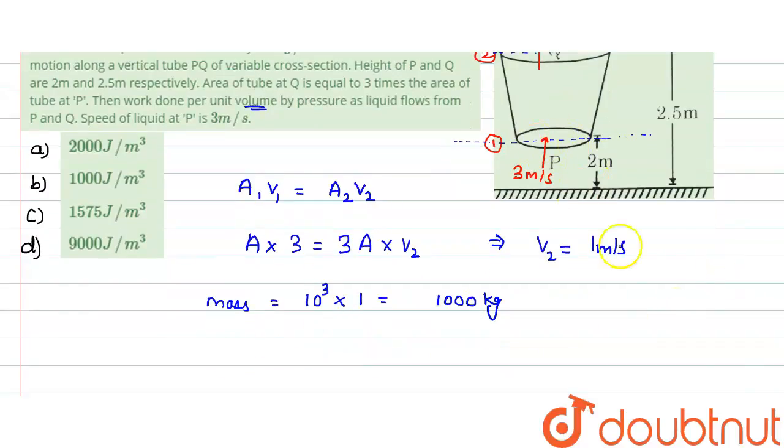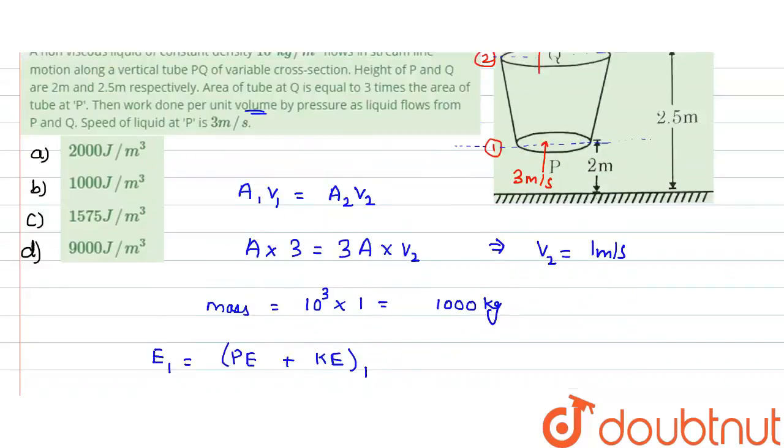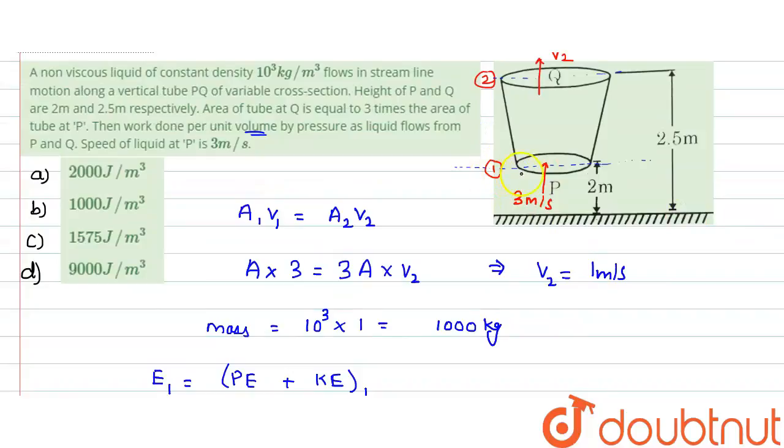Now we calculate the energy at this level, E1. E1 would be the potential energy plus kinetic energy at 1. What is the potential energy at 1? It would be 0, because we have set it as the datum. For calculating potential energy, we can set any level as the reference level.